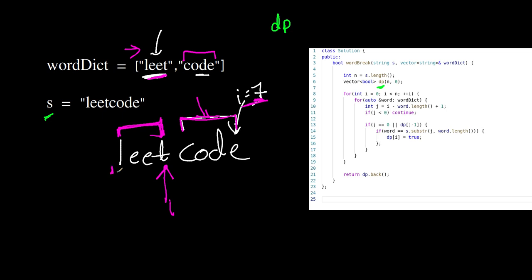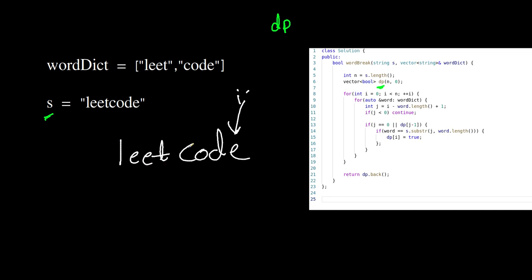In this case j equals 0, so we don't need to check the table value, so either j equals 0 or db of j minus 1 is true. And if we find one word of the dictionary equal to the current, in this case leet equals leet, so db of 3 will be true.